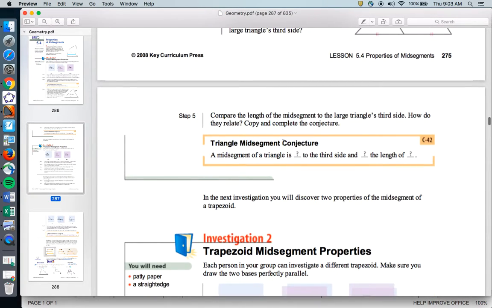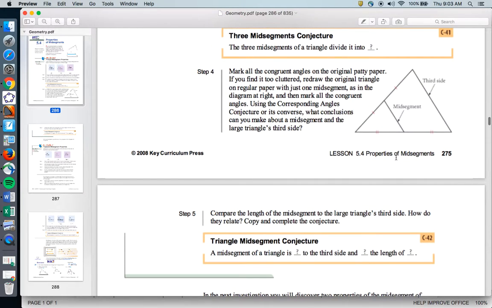Second one, the triangle midsegment conjecture. A midsegment of a triangle is parallel to the third side and half the length of it. Well, it's probably what you think. Might not look like it, but this is actually half of this lengthwise. If we were to draw a line right there, those lengths are equal, and that's half of that. So this says the midsegment of a triangle is parallel to the third side.